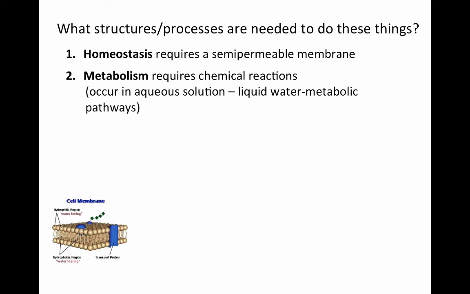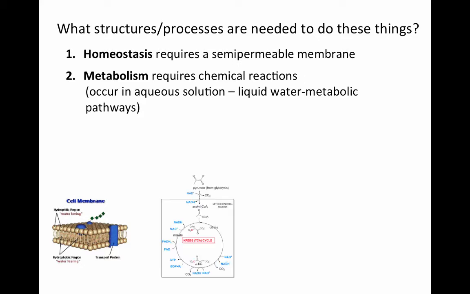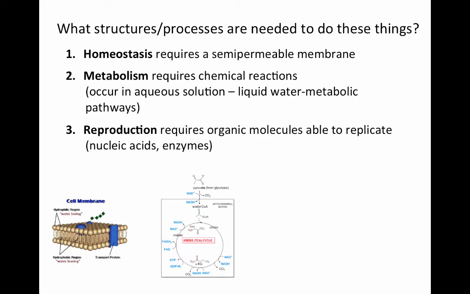So the environment can't be too acidic nor too basic. And so this, for those of you who have taken Gen Bio 1, is the very familiar Krebs cycle. For those who have not taken Gen Bio 1, don't worry about this for right now, but this is a diagram of the chemical reactions that take place to metabolize glucose.